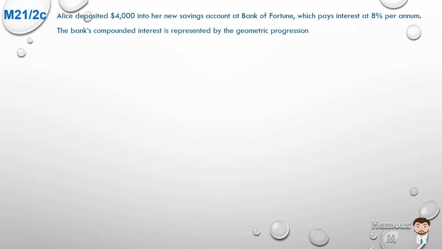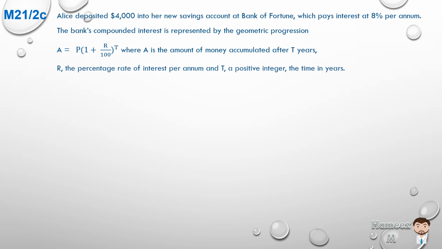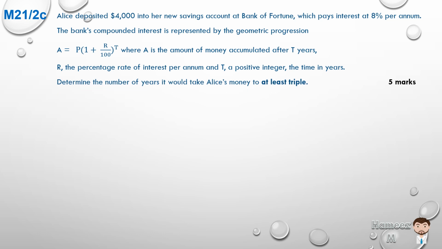The bank's compound interest is represented by the geometric progression A is equal to P, open brackets 1 plus R on 100 to the power T, where A is the amount of money accumulated after T years, R, the percentage rate of interest per annum, and T, a positive integer, the time in years. Determine the number of years it would take Alice's money to at least triple.